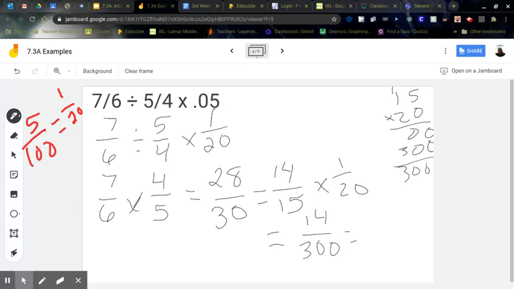Those both can be divided by 2. 14 divided by 2 is 7, and 300 divided by 2 is 150. So 7/150 is my answer.